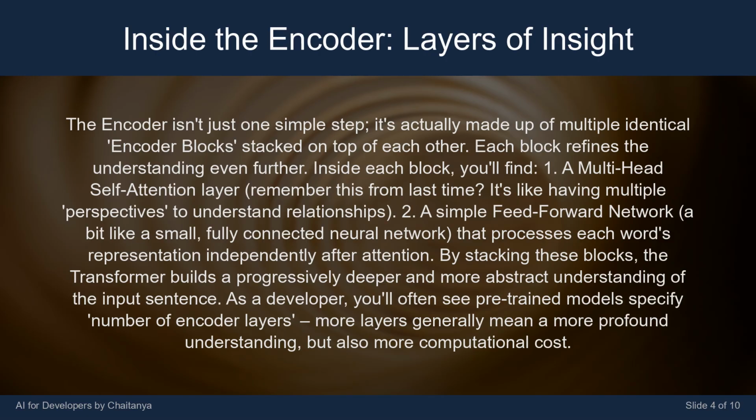A bit like a small, fully connected neural network that processes each word's representation independently after attention. By stacking these blocks, the transformer builds a progressively deeper and more abstract understanding of the input sentence. As a developer, you'll often see pre-trained models specify the number of encoder layers. More layers generally mean a more profound understanding, but also more computational cost.